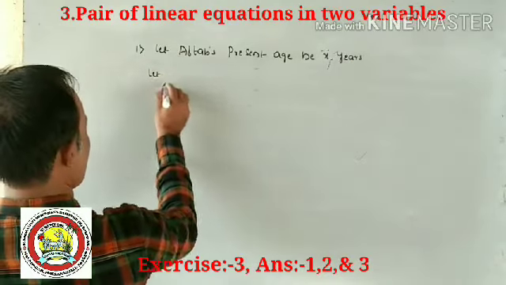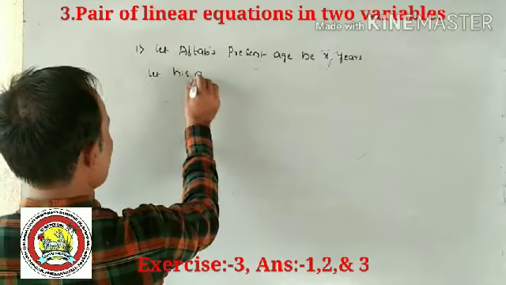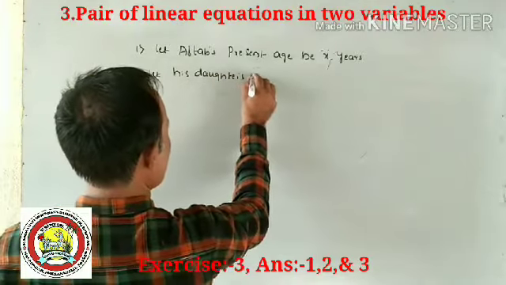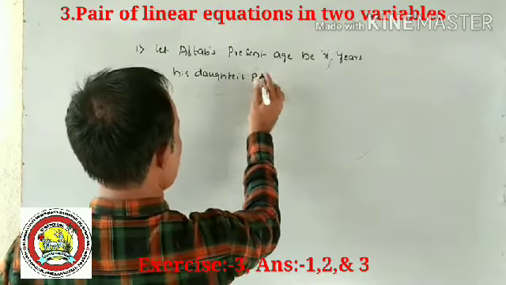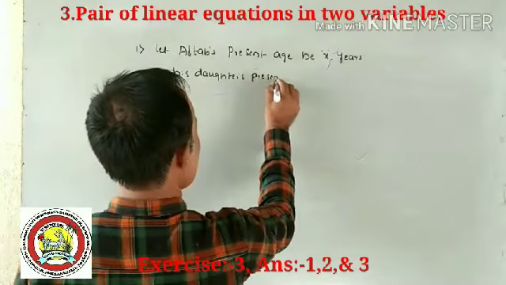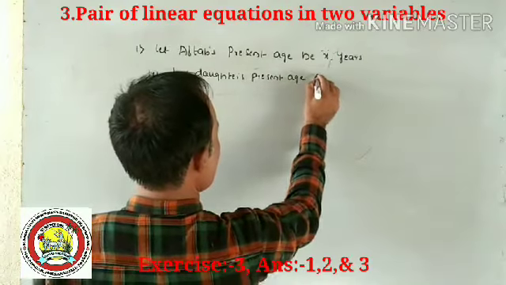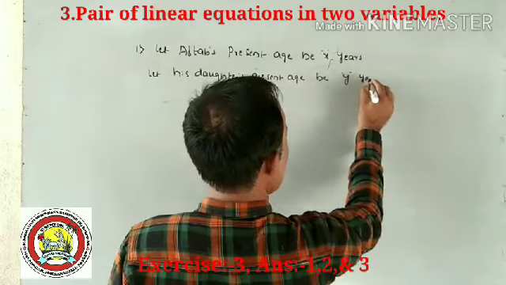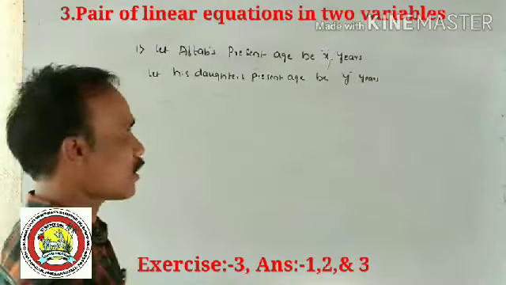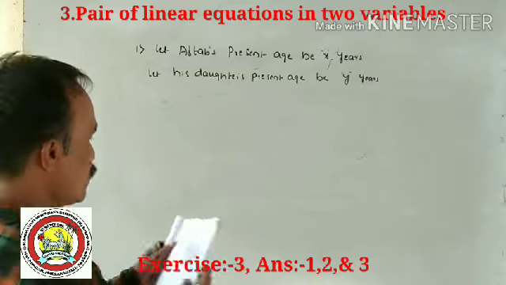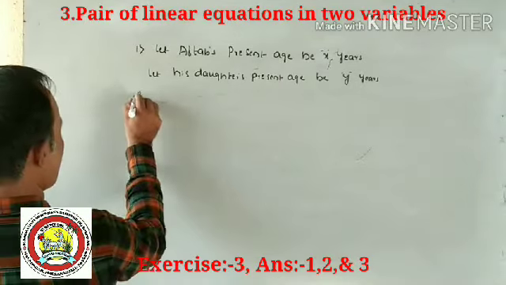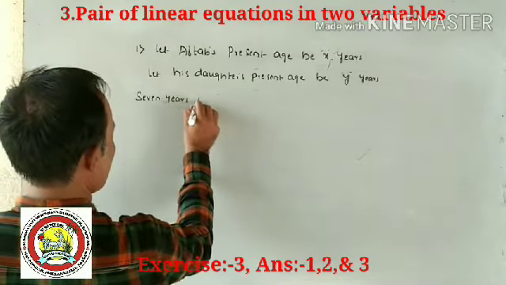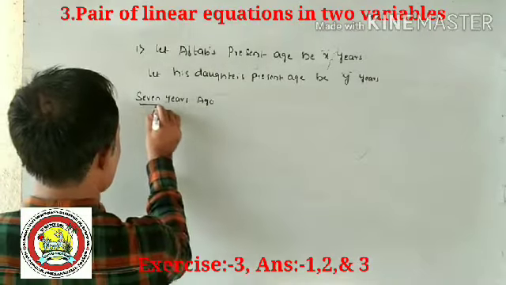Let his daughter's present age be y years. Now here there are two conditions. The first condition is 7 years ago. Ago means before 7 years.